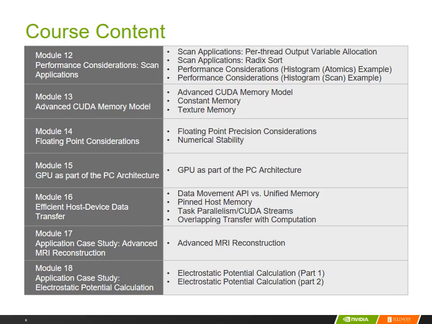Module 17 covers an application case study of MRI reconstruction, and Module 18 is yet another application case study on electrostatic potential calculation. In both of these case studies, we show students two concrete examples of how one can engage a real application and apply many of the principles that we learned in this class to be able to achieve a good performance result in these real applications.